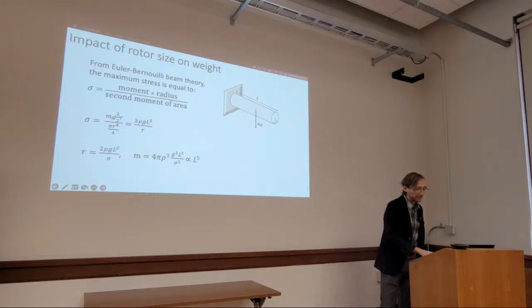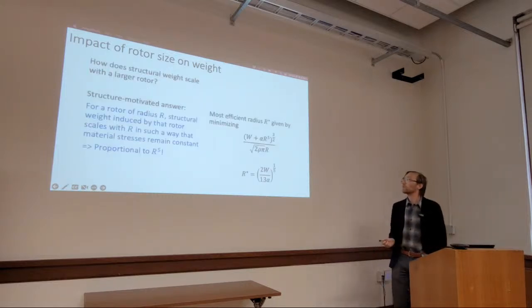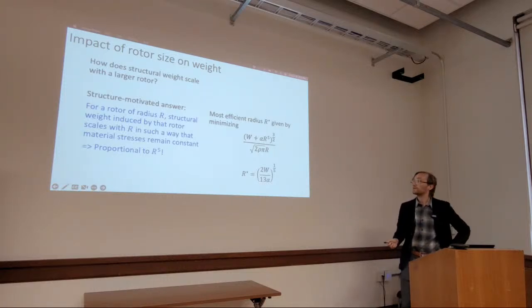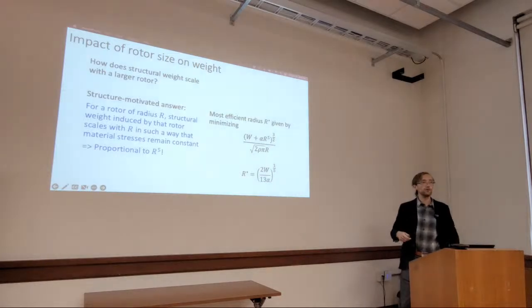And if we do the same kind of analysis and we look at what is the optimal radius for a rotor, imagining that the structural weight that is induced by the rotor radius scales with the radius to the power of 5, we find some optimal rotor radius, unsurprisingly, that depends on the nominal weight to the power of 1/5.